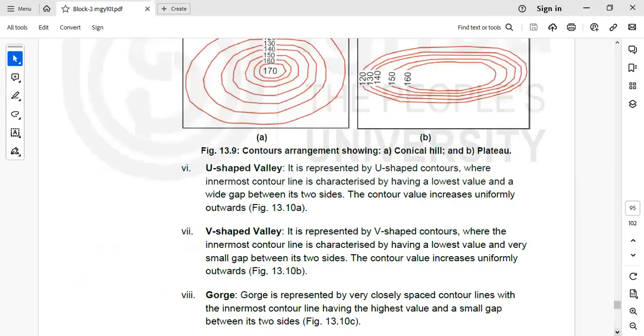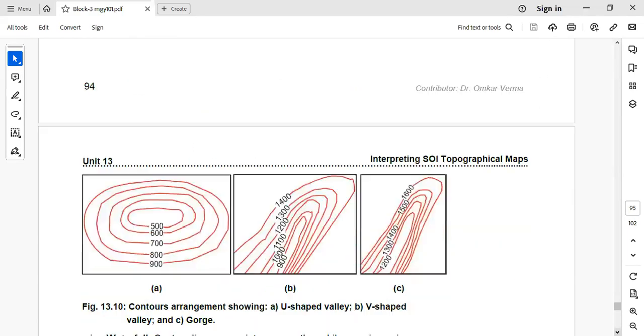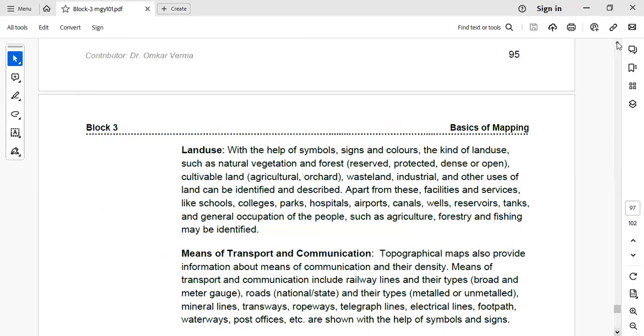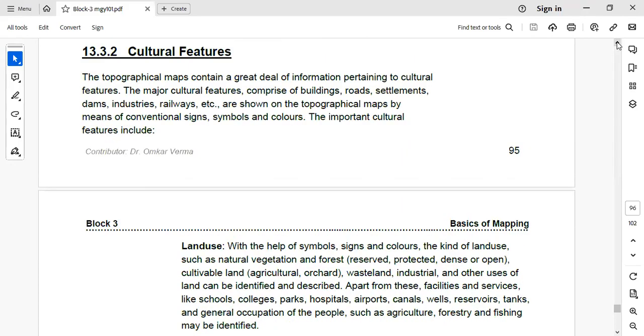Now, the cultural information or man-made features are also represented in the topographical maps, and these features comprise buildings, roads, settlements, dams, industries, railways, etc. With the help of the conventional signs, colors, and symbols, we can identify different types of cultural features.